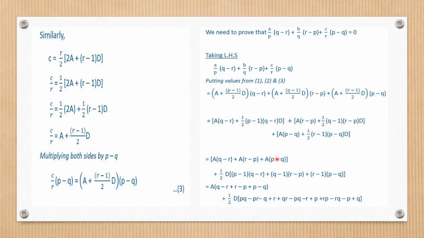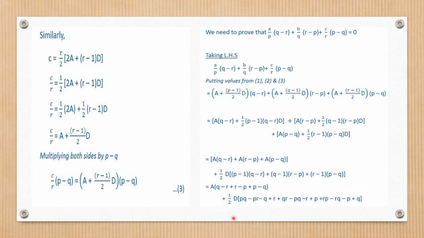Now when you open everything, a is common, and you will find that this r is getting cancelled with this, q is getting cancelled with this, and p is getting cancelled with this. Similarly, for half of d, I have to open it. I'll multiply everything like pq minus pr minus q plus r plus qr minus qp minus r plus p plus rp minus rq minus p plus q.